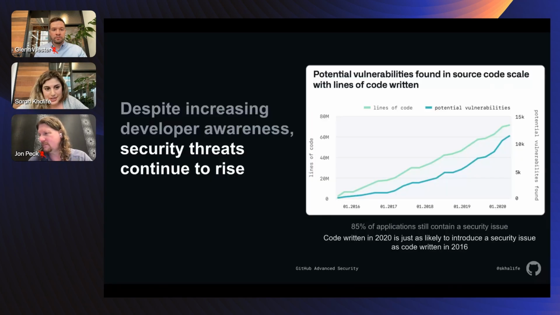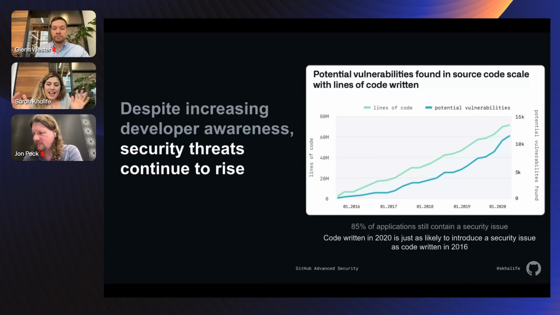So jumping into it, I wanted to give an overview and baseline of where our mentality is, where our vision is, and how we start building a lot of the tooling that we're building for advanced security in that developer flow a lot more seamlessly. So we did a study actually from 2016 to 2020 that even though the number of lines of code are increasing and people's awareness of security threats are also increasing, so is the number of vulnerabilities.